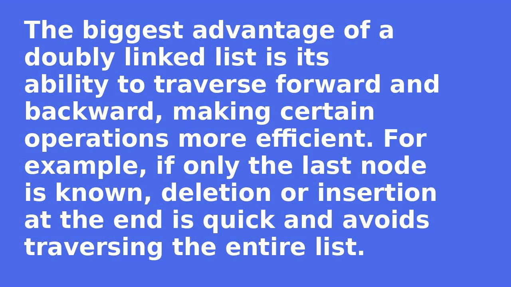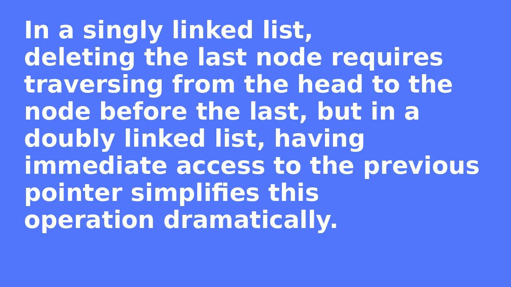The biggest advantage of a doubly linked list is its ability to traverse forward and backward, making certain operations more efficient. For example, if only the last node is known, deletion or insertion at the end is quick and avoids traversing the entire list. In a singly linked list, deleting the last node requires traversing from the head to the node before the last.